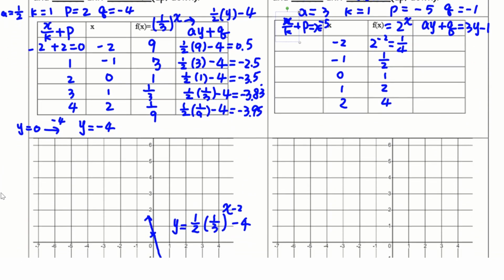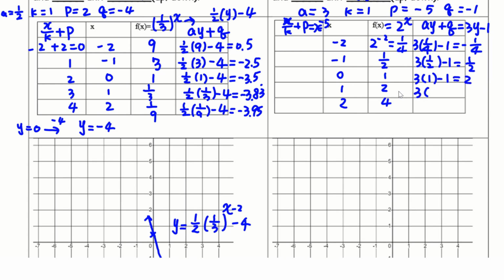Then we are going to see, so a 3 times y, this column is the y value, minus 1, we have -1/4. Then we sub in 3 times 1/2 minus 1, we have 1/2. Then 1 times 3 minus 1 is 2.